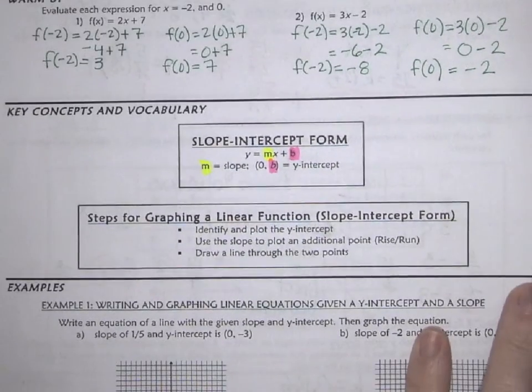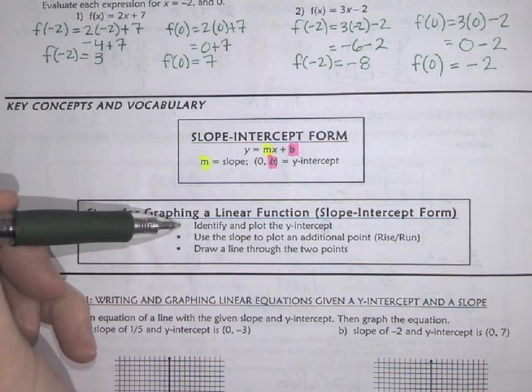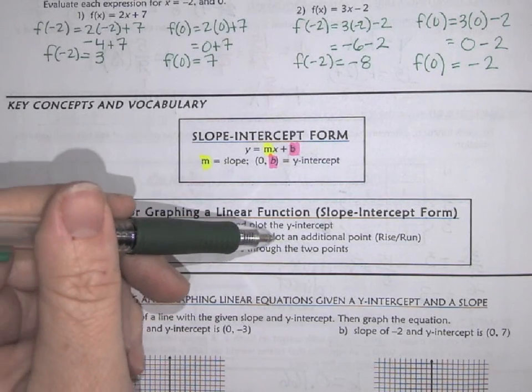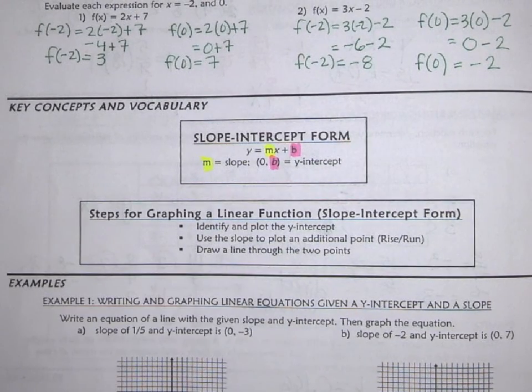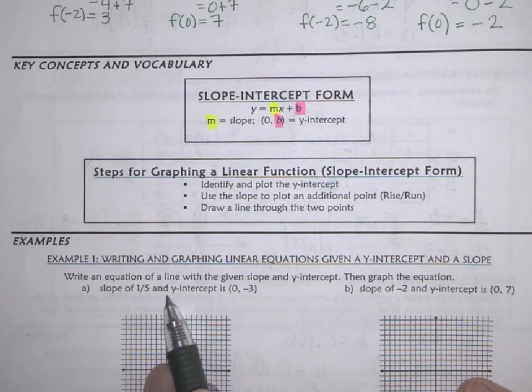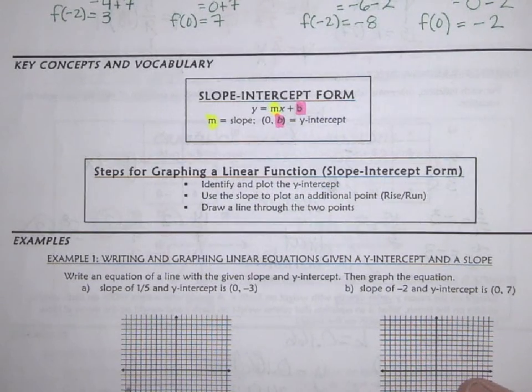We're also going to look at how we can graph a linear function using slope-intercept form. First thing we do, identify and plot the y-intercept. Then we'll use the slope to plot additional points, and then we'll draw a line. So the first example here, we have a slope of 1/5 and the y-intercept is (0, -3).